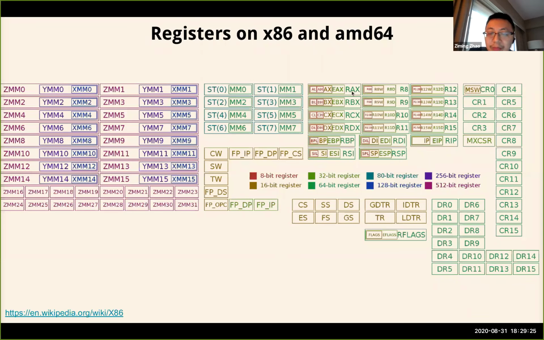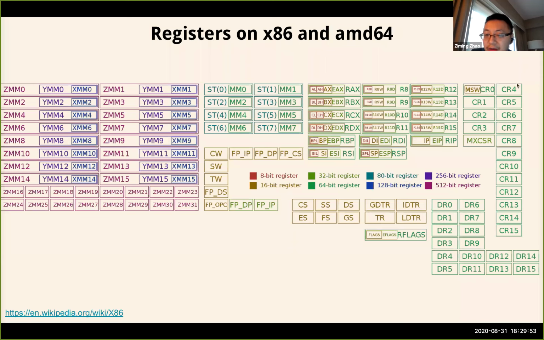In the 64-bit version, it is extended again, so we call it RAX. And in the 64-bit machine, we have R8, R9, R10, R11 to R15.